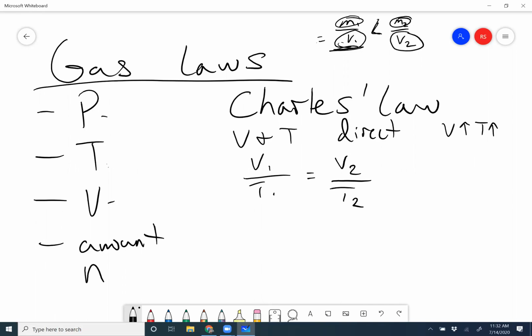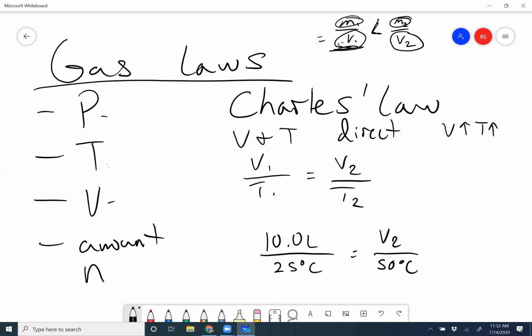So say, for instance, we plugged in our numbers from our example earlier, and we said we had 10.0 liters, and we're at 25 degrees C. Well, that was going to equal what volume at 50 degrees C? This is not a hard problem to do because this will give us some number.